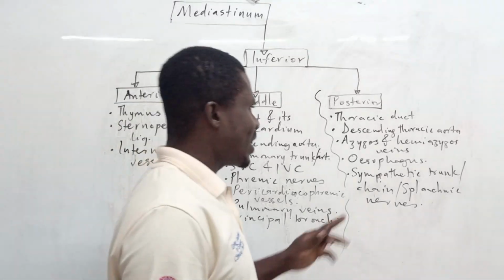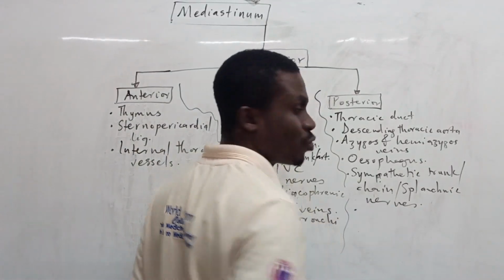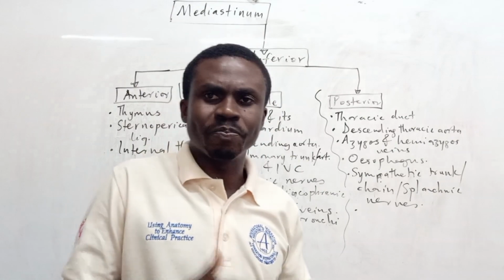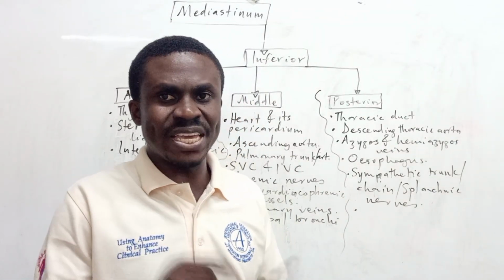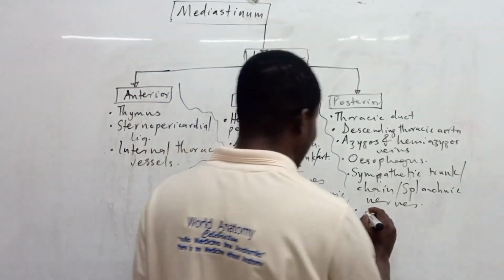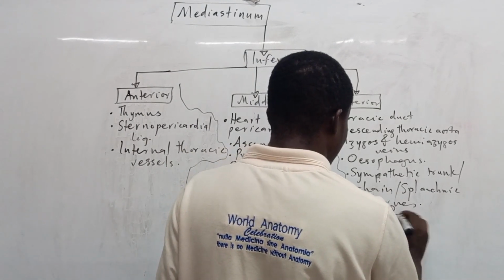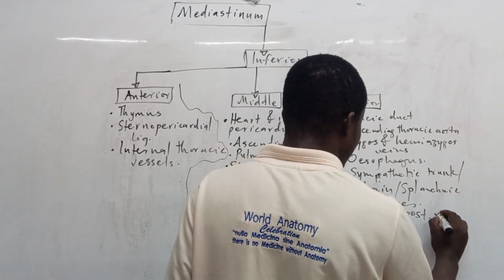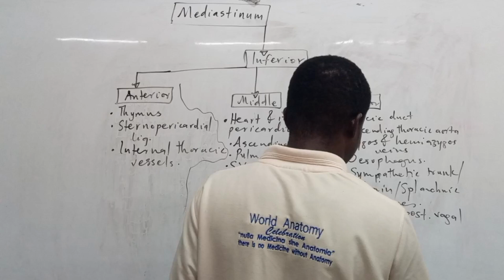Now, over here also in the posterior, we'll be talking about the anterior and posterior vagal trunks. This time I'm talking about trunks.